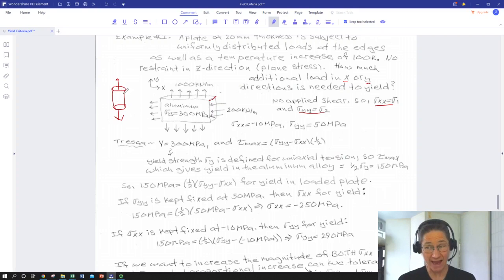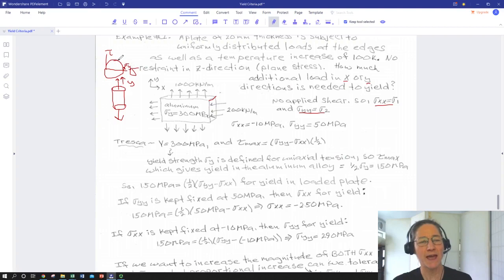Now the actual max shear for this test condition: if we drew our little test specimen on a Mohr circle, with tau up here and sigma down here, then for the test specimen used to get this sigma yield of 300, the uniaxial tension is being done in the Y. Our sigma x and sigma z are both 0, and so our sigma y is right here. It's a principal stress.